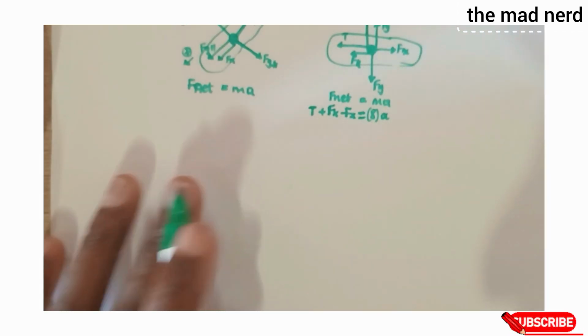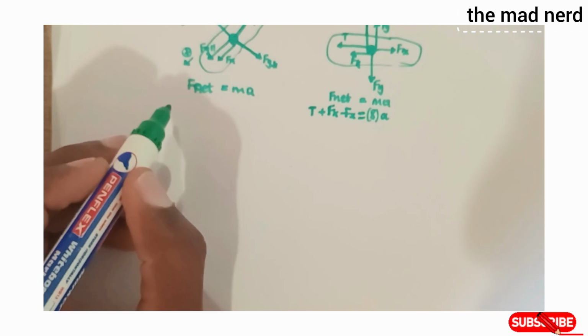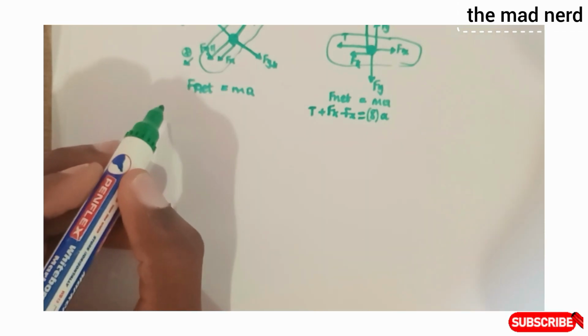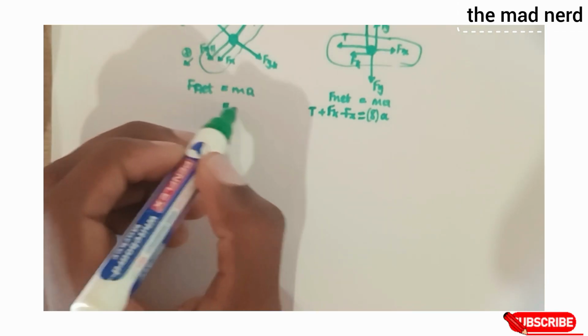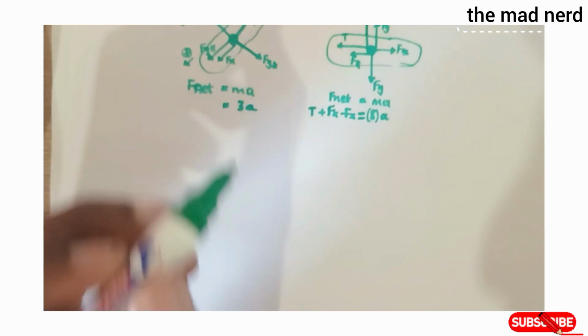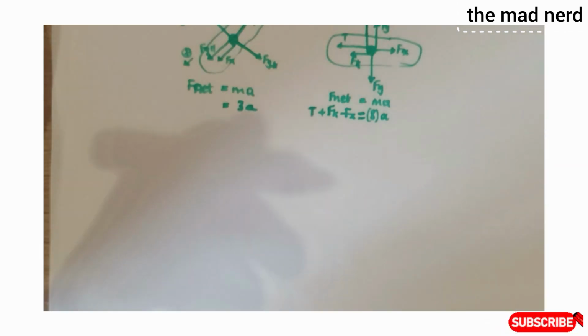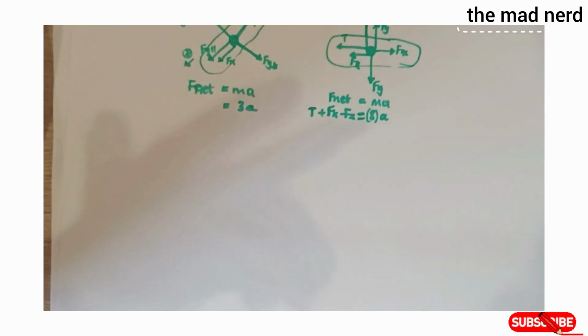Then let's find the F net for the 3 kg block. We say here it's 3A because we have a 3. The M stands for the mass, and the A stands for the acceleration.